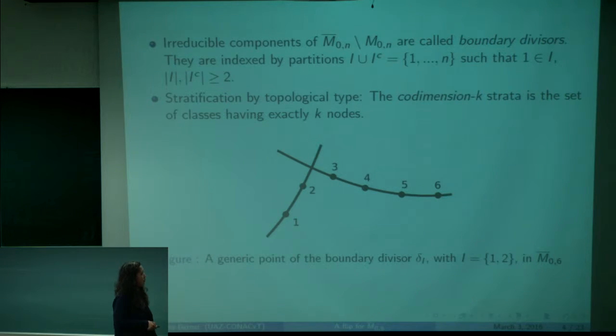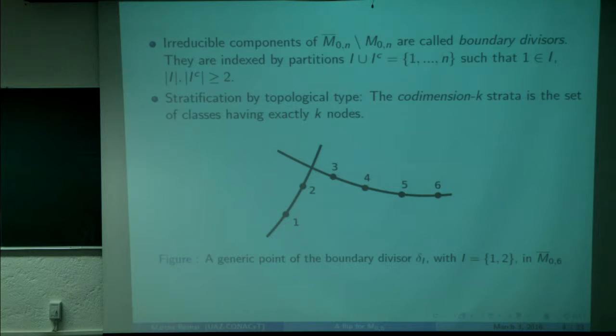So let me give you a cartoon of what's in the boundary. So we have added to the boundary divisors, and these are the nodal curves. This is how they look. So the general point in the boundary looks like 2 components, 1 node, and then the marked points distributed in each of the components.